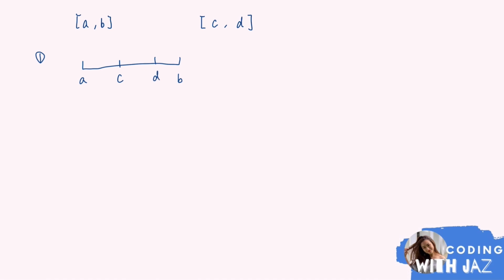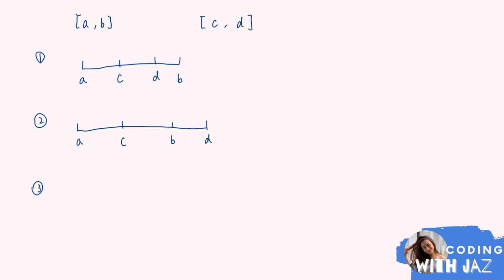So C, the starting point of the second interval, is going to be in between A and B, as well as the endpoint of the second interval, D. Another possibility is that C is still going to be in between A and B, but the endpoint of the second interval is going to be larger, or after the endpoint of the first interval, B.